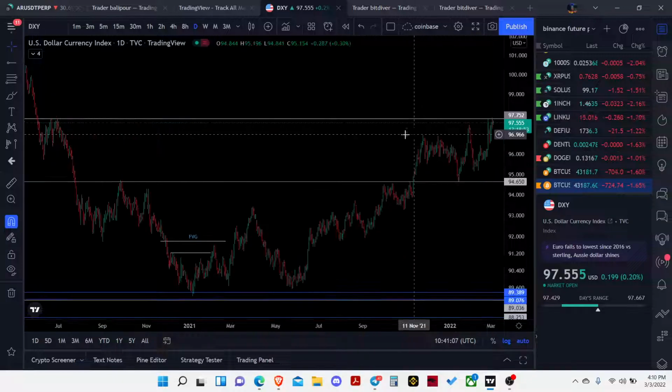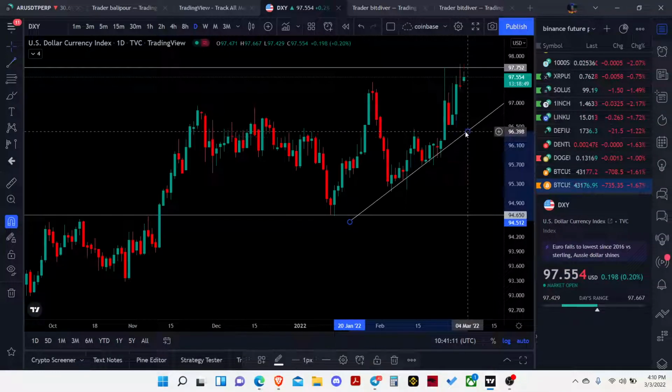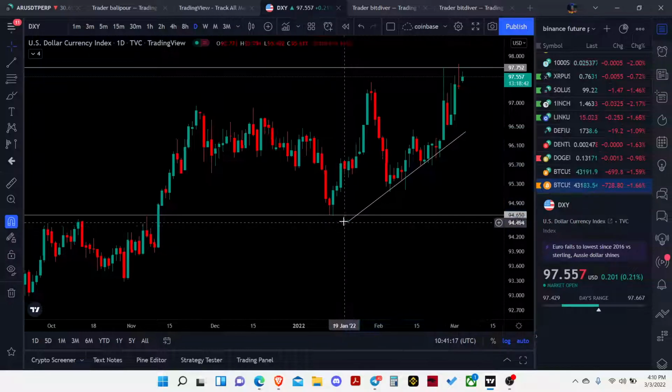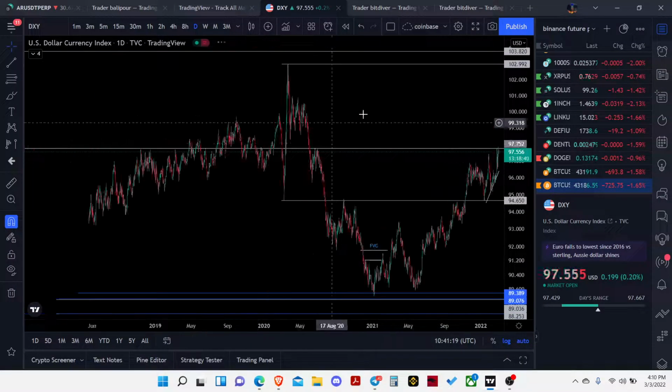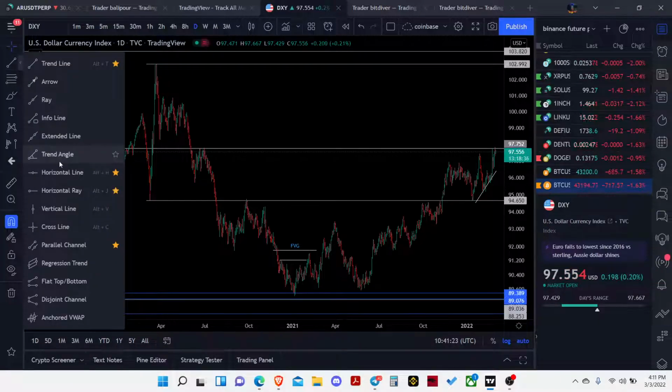We don't know what's going to happen, but this thing is getting up. The momentum is there for this kind of move. So that's why I'm watching. I'm not going to short it. I'm just watching the dollar index.